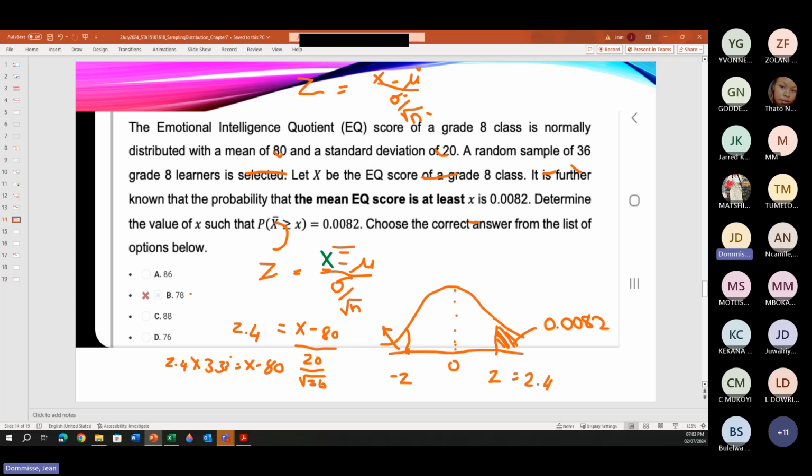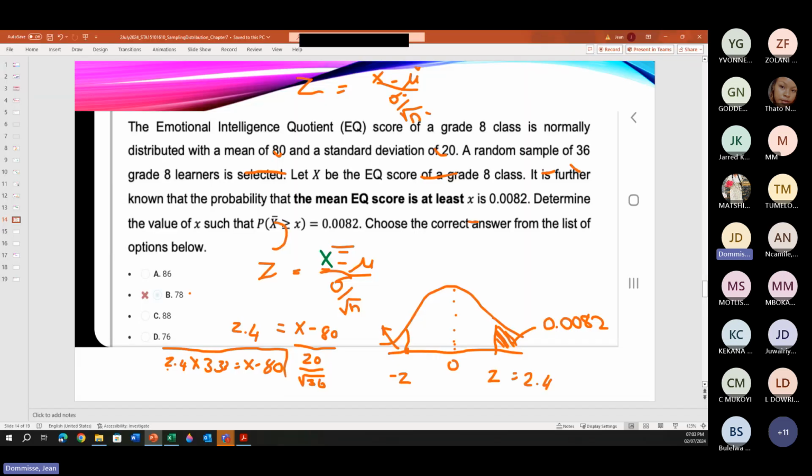So we're working now on this side. 2.4 times that gives us 8 is equal to x minus 80.